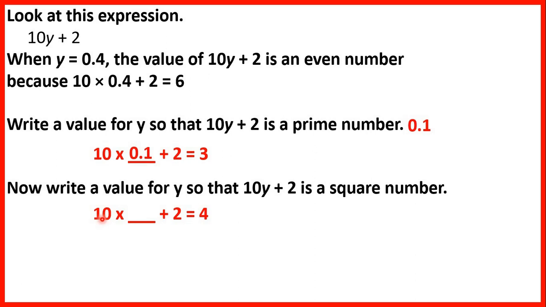So we can make 10y plus 2 equal 4. So before we plus the 2, 10y will need to be 2 because 2 plus 2 is 4. And 10 times 0.2 is 2, so we can have 0.2 for our value of y because that gives an answer of 4, and that's a square number.